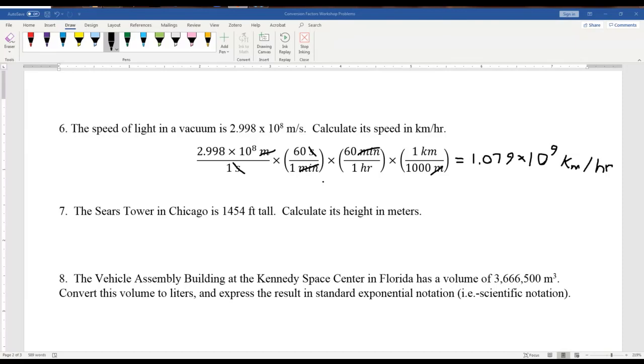Well, it could be how you're putting in the times 10 to the power. What I would recommend, do you have a little EE button on your calculator? Yes. Okay, type in 2.998 and then hit the EE button and then hit 8. And then times 60 divided by 1,000.